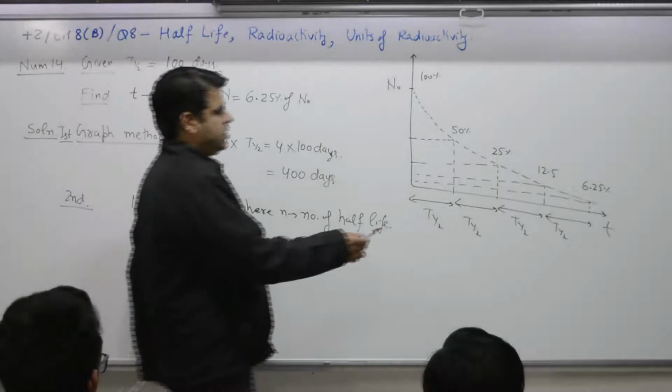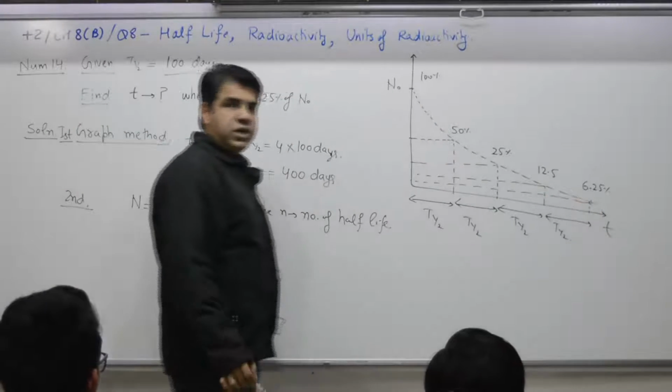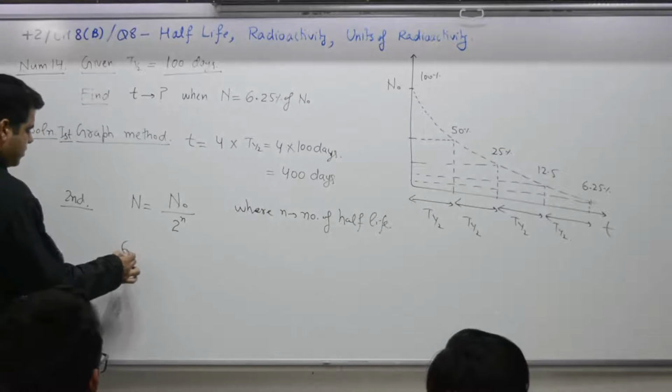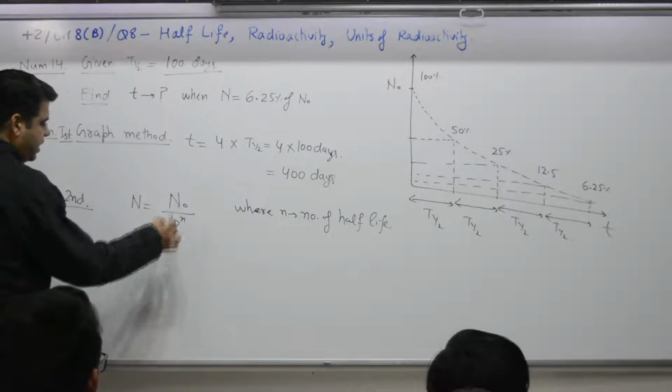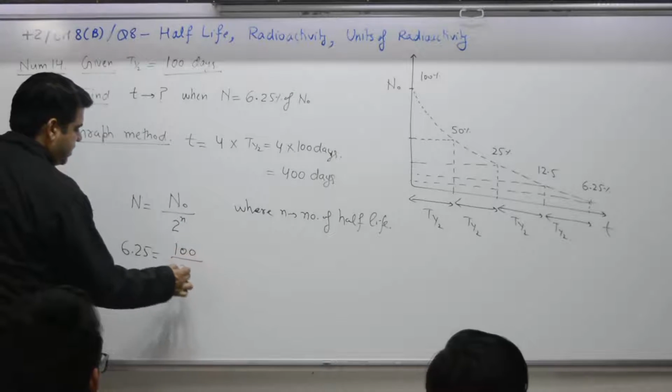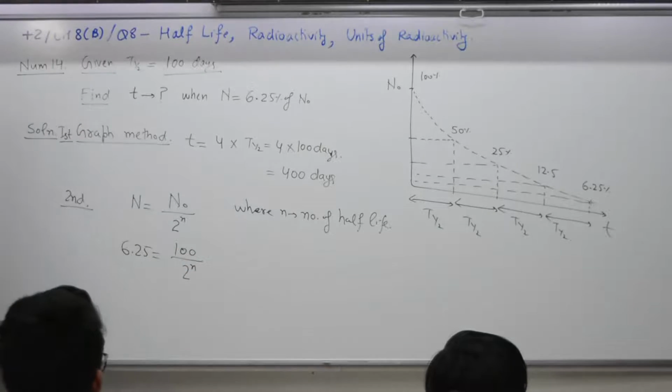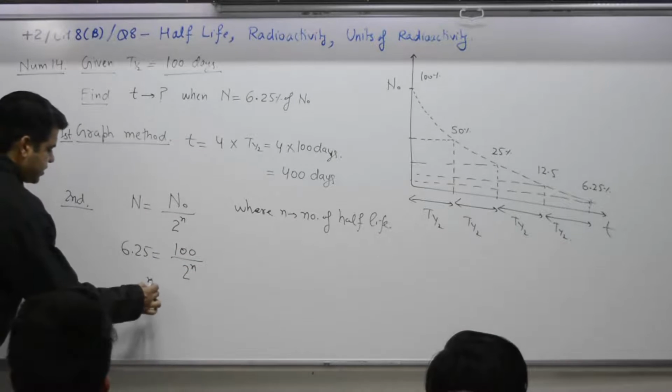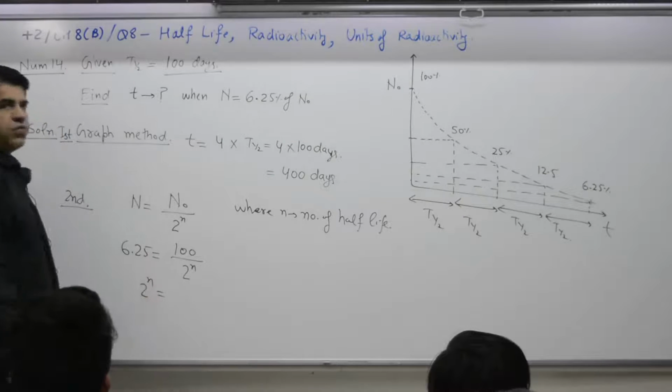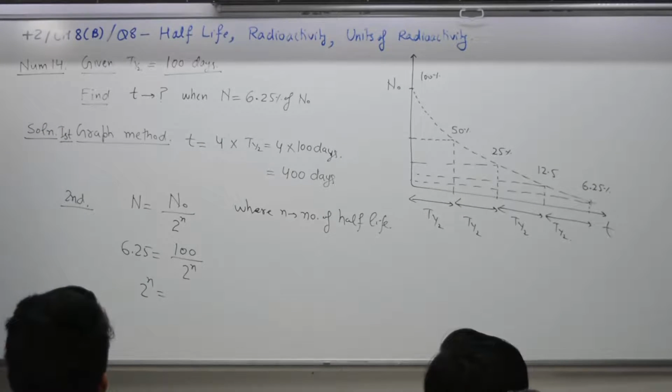What is the number here? 6.25. What is the original value? 100. So 100 divided by 2 to the power n. 2 to the power n is equal to what? 100 divided by 6.25.